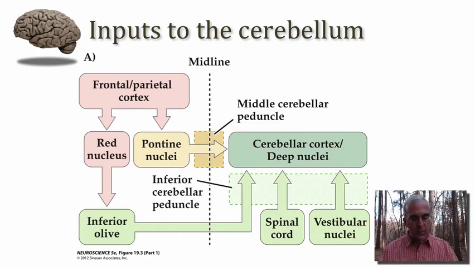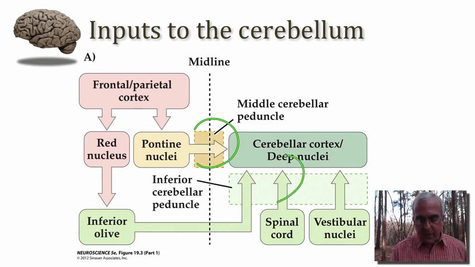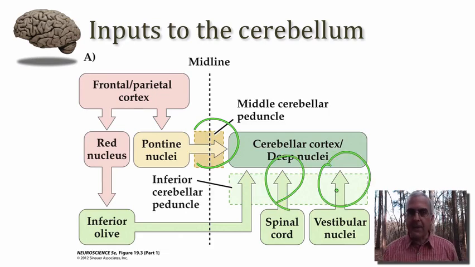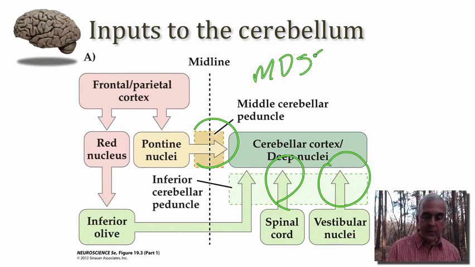What we see when we look at the inputs coming from the pons and those coming from the spinal cord and the vestibular nuclei is a morphological appearance of the input that we call the mossy fiber. So these inputs give rise to what we call mossy fibers.